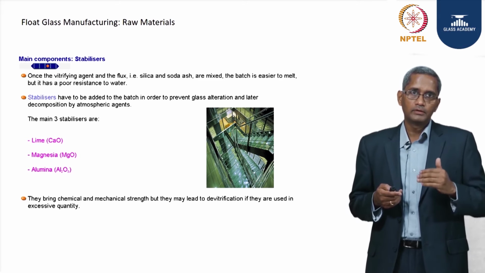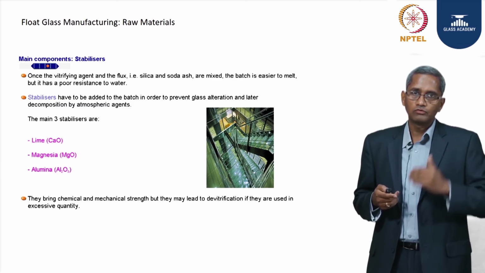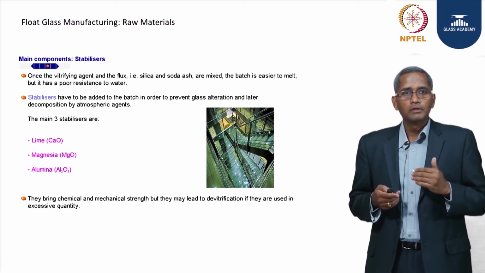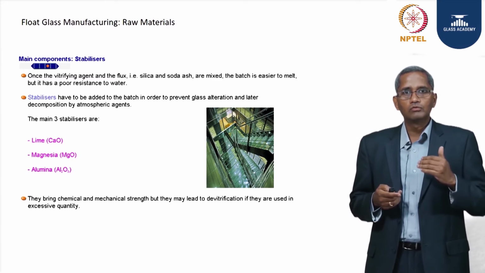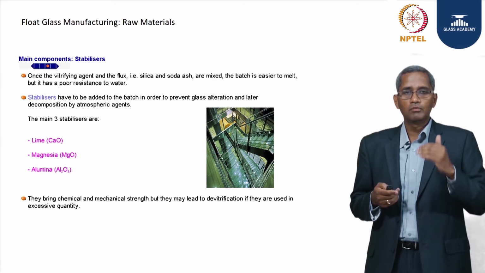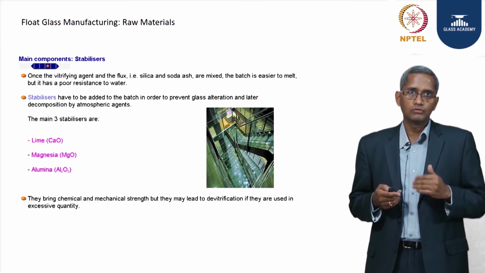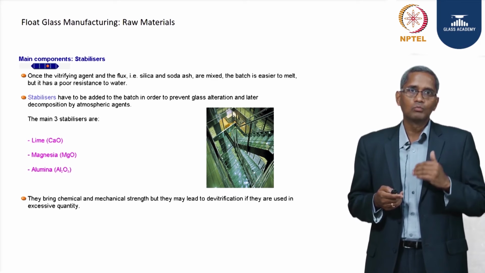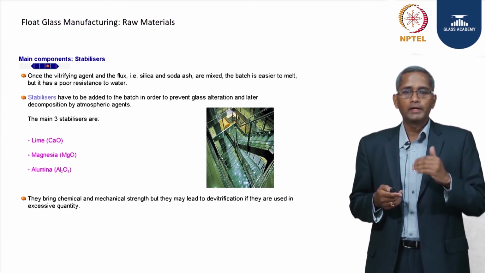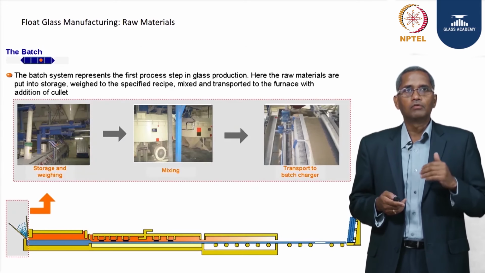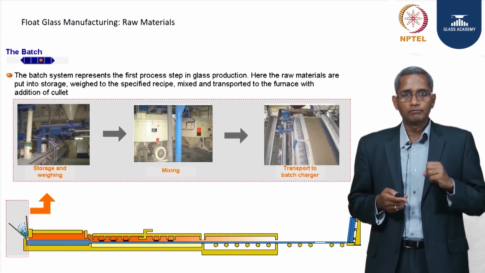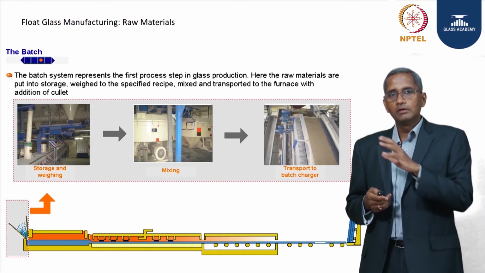Once the raw materials are melted, next the CO2 has to go out, and this refining has to ensure that there is no CO2 in the form of bubbles present in the glass. In order to make this refining process much more efficient, we add a refining agent in the form of sodium sulfate.